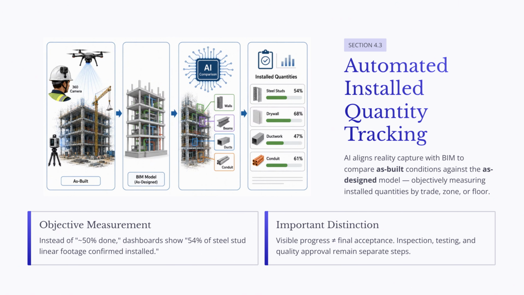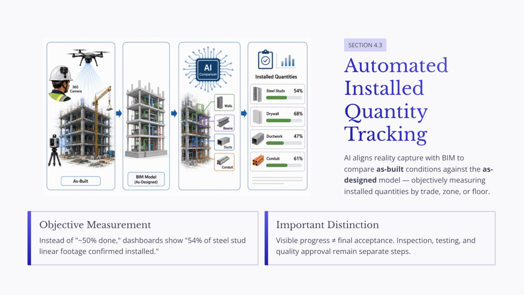The as-built condition is collected through cameras, drones, scanners, or robots. The as-designed condition comes from the BIM model. When these sources are aligned, AI can identify whether specific building elements are present, partially installed, missing, or different from what was expected. This allows project teams to measure installed quantities more objectively.